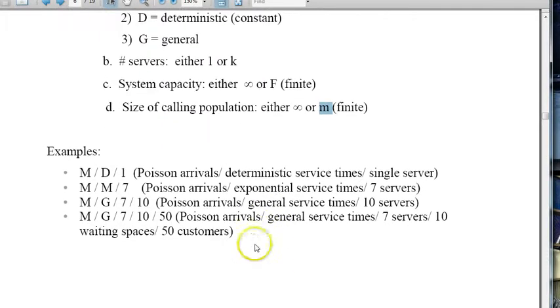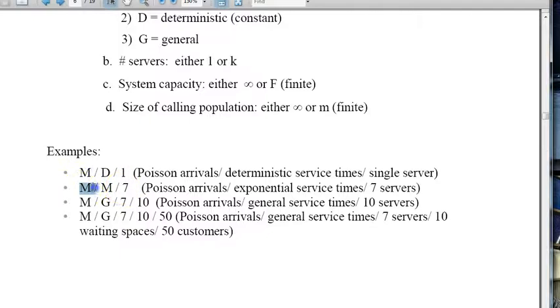Alright, so examples of this. There are default values when there is no value restricted. So if I have MD1, that means I have Poisson arrivals, i.e. Markovian or memoryless arrivals, deterministic service times, and a single server.